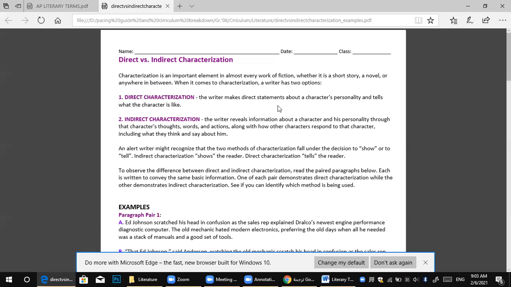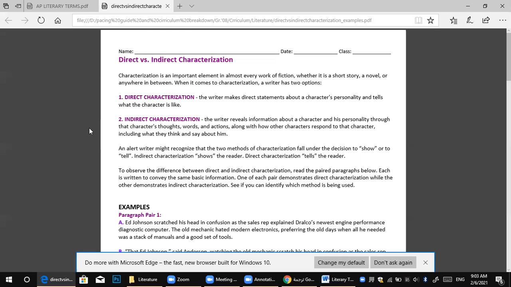But indirect, I give you information about the character and his personality through the character's thoughts, words, and actions, along with how the other characters respond to the character.